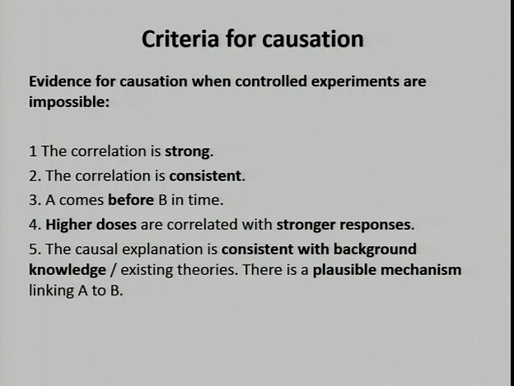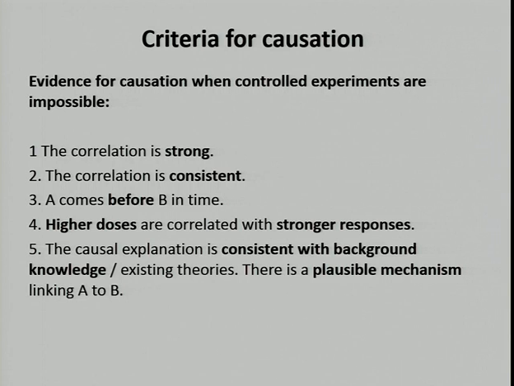We've talked about that. Higher doses, the more you have of one thing, the more you will have of the other thing, is typically also going to be a big factor. And finally, consistency with background knowledge, the ability to identify a plausible mechanism linking A to B, is also going to say that the causal connection actually really nicely explains the observed correlation.